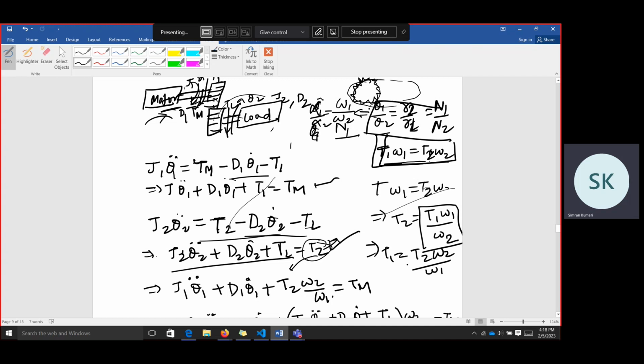Or even in a car, if you see the transmission, its physical structure is like this. There will be a small gear. A small size gear means its radius is small, its speed will be high, because these two have to rotate by the same angle at the same time.